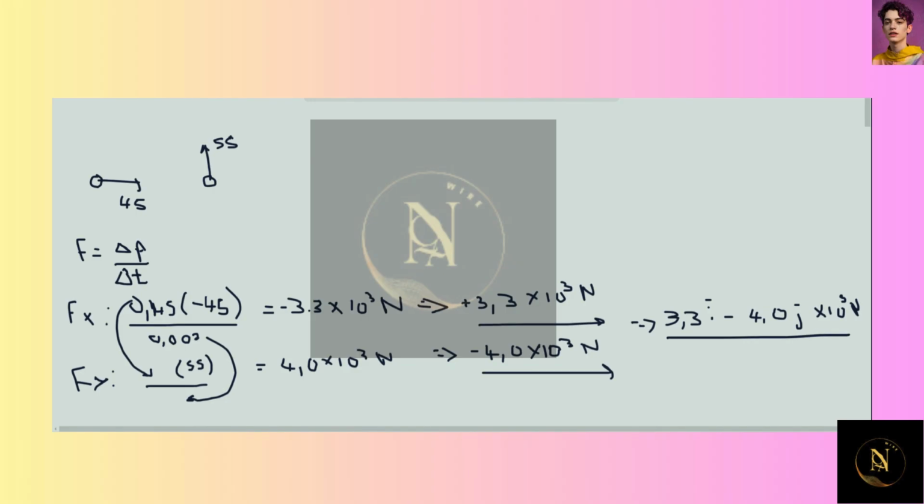So the force exerted by the ball on the bat is positive when it's going to the right, negative when it's going upwards.